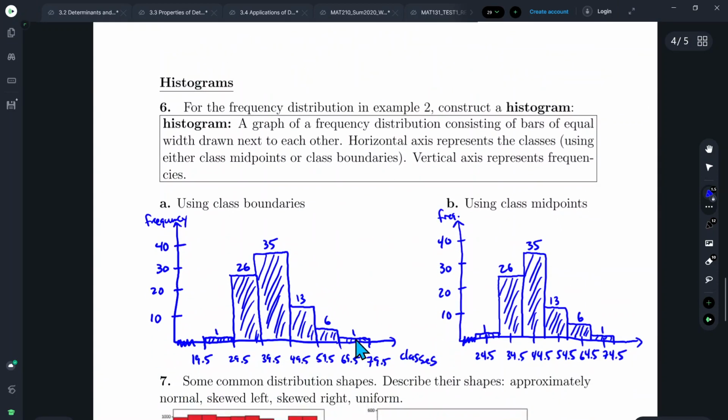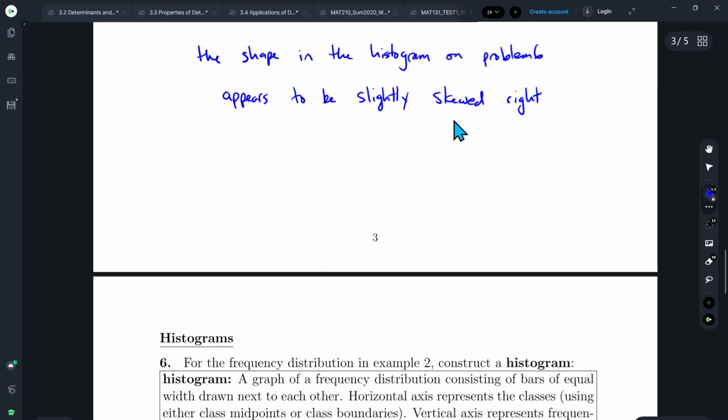Again, you can see here the tail on the right side is just slightly longer than the tail on the left side, so we can say that it's skewed to the right.